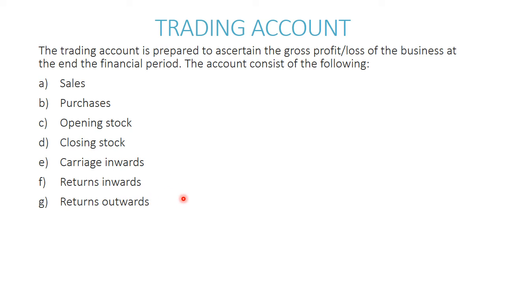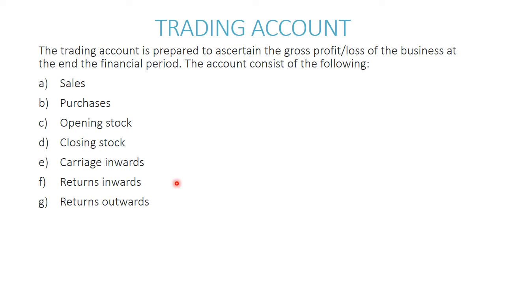Then we have returns inwards. Returns inwards are a reduction from the total sales. When you sell your goods, for some reasons, like I've explained, those goods may be found to be defective. Maybe the goods supplied are of the wrong color, wrong quality, and so on.